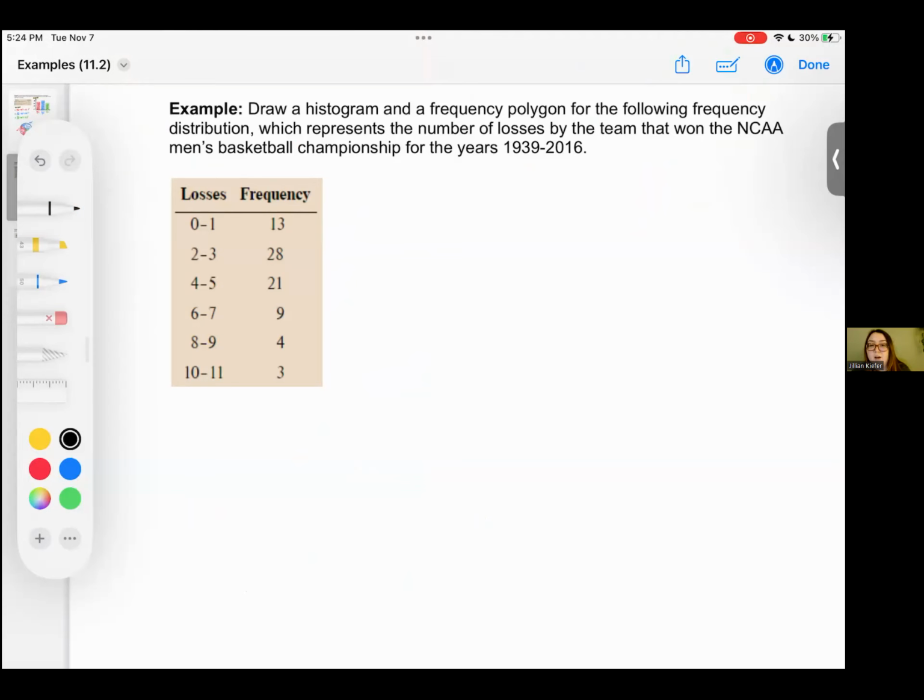On the losses, we have a max of 11, so we want to make sure we can have at least 11 on our x-axis. So we can go ahead and start by drawing our y-axis and then our x-axis from there.